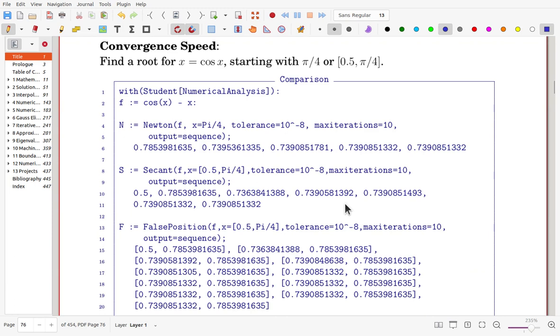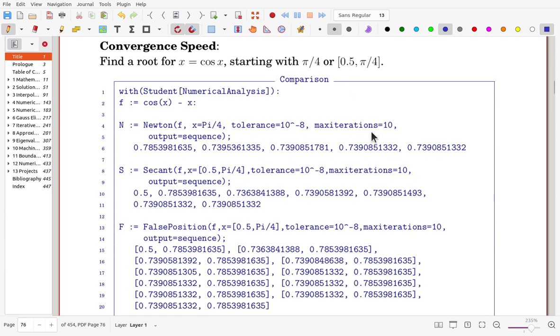Okay, we compare convergence speed, trying to get the root of x equals cosine x. We start from pi over 4 for Newton's method, but for the secant method and false position method, we perturb it a little bit to get 0.5.